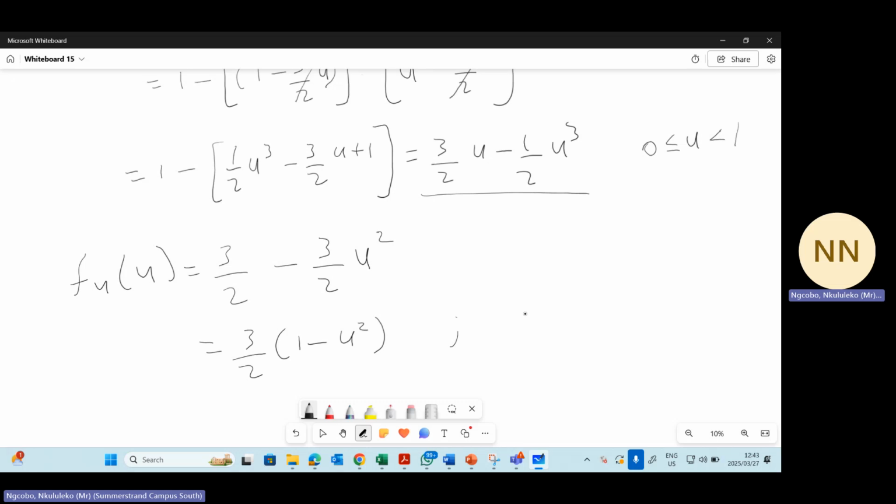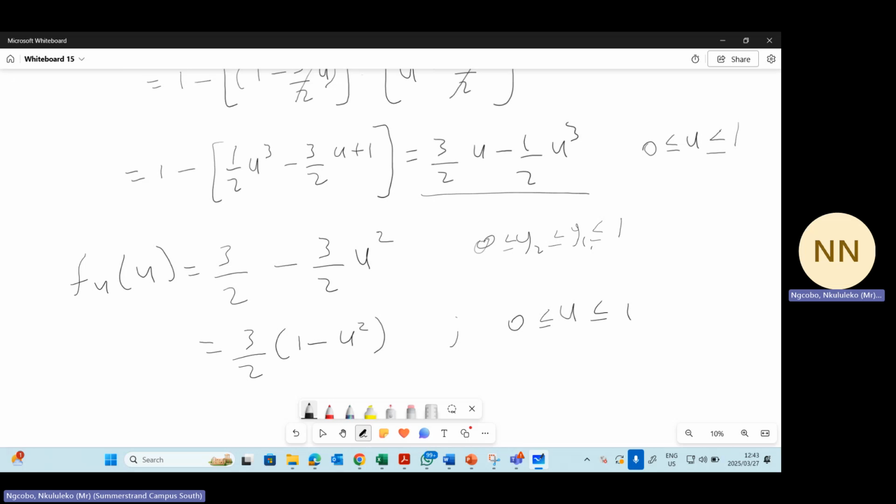And you know that u is between 0 and 1, right? Why is this the case? It's because you're being told y1 and y2 are between 0 and 1.